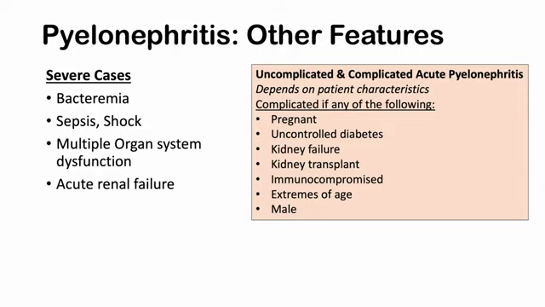If the patient is pregnant, if the patient has uncontrolled diabetes, if the patient has kidney failure, if the patient is a kidney transplant recipient, if they're immunocompromised, extremes of age, so very young children, very old adults, and male patients as well. So these are characteristics that define whether a patient has uncomplicated or complicated acute pyelonephritis.